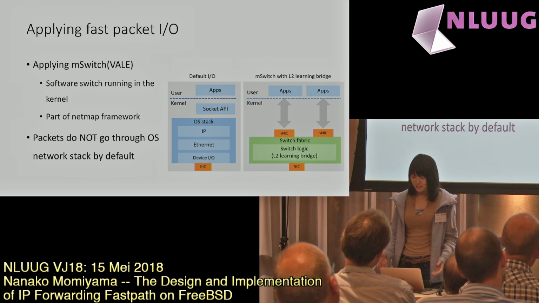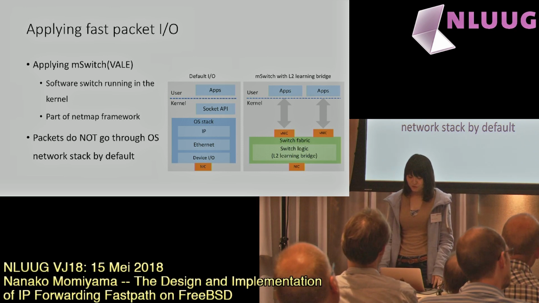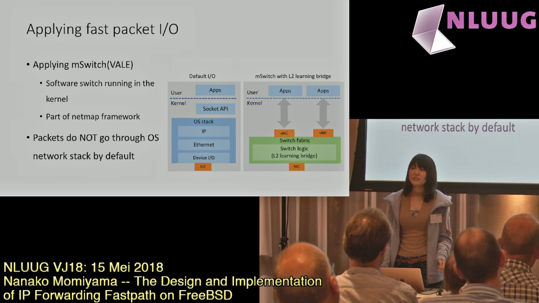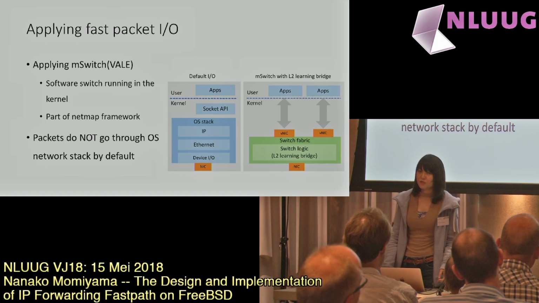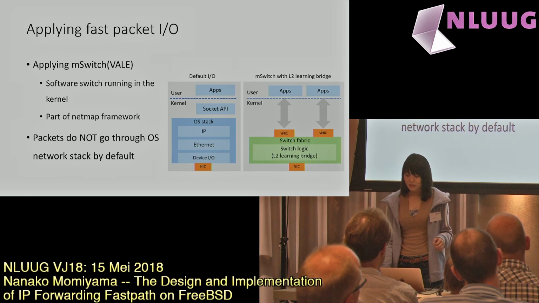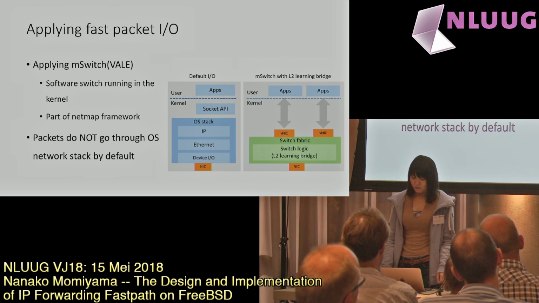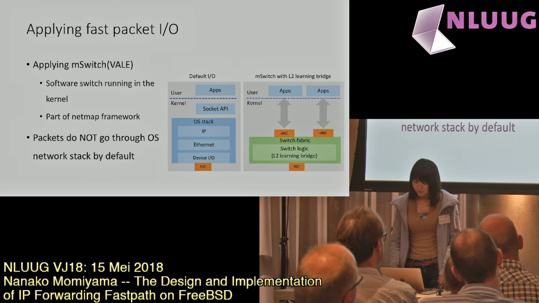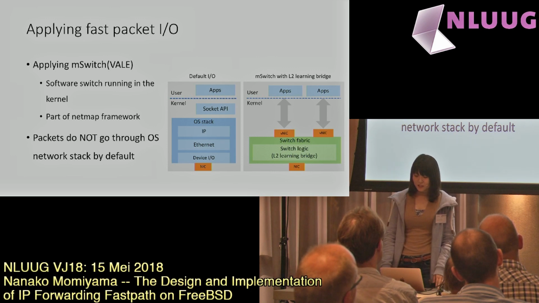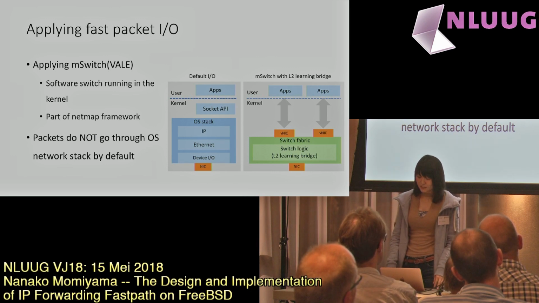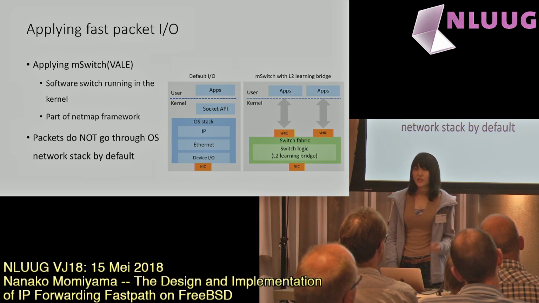Netmap is a fast packet I/O framework, which is part of FreeBSD and is also available as an external kernel module for Linux and Windows. By default, mSwitch has an L2 learning bridge function, forwarding packets from one virtual port to another virtual port.